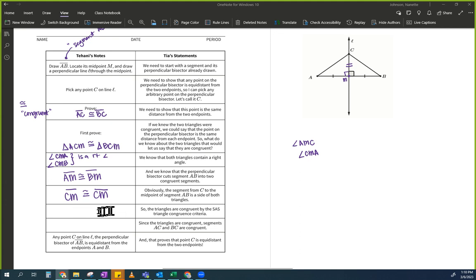So can you write out my triangle congruence statement here? Write the triangle congruence.